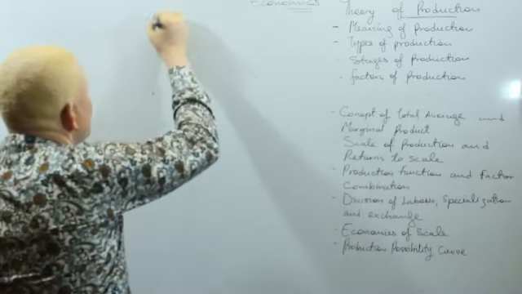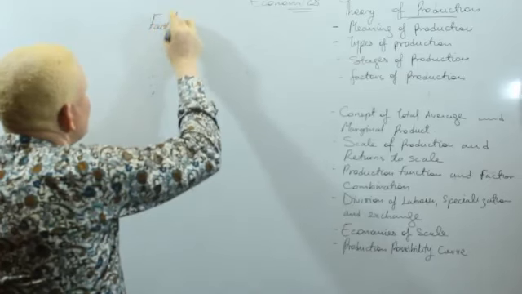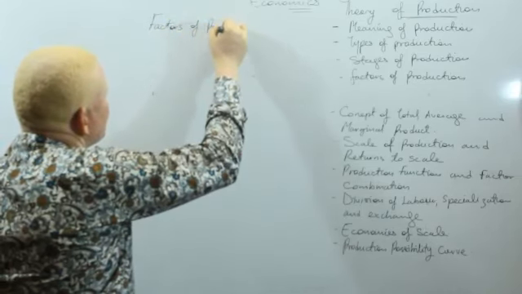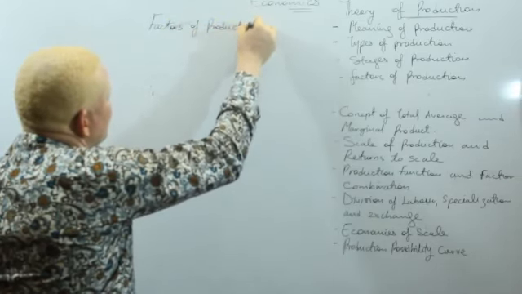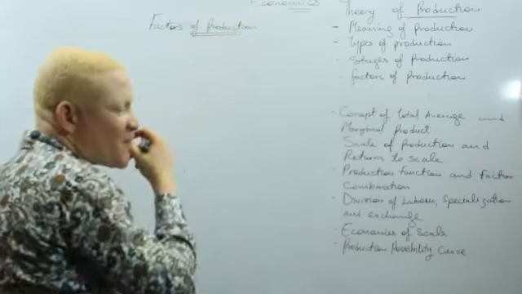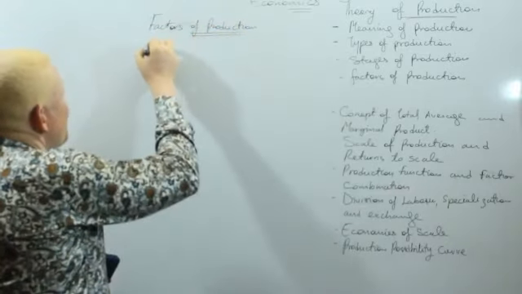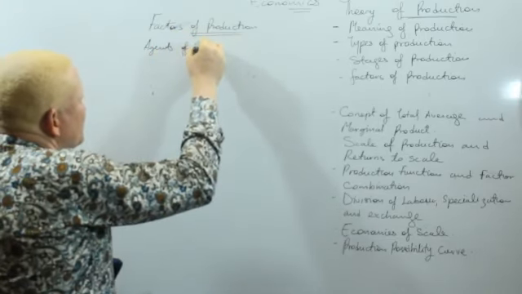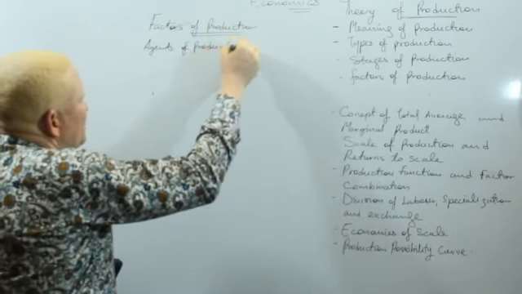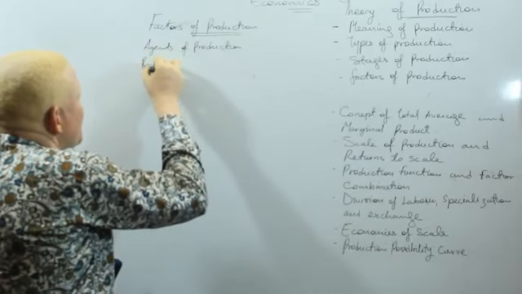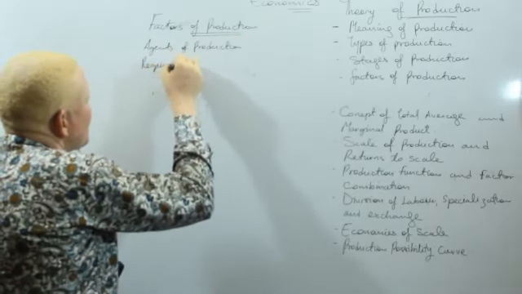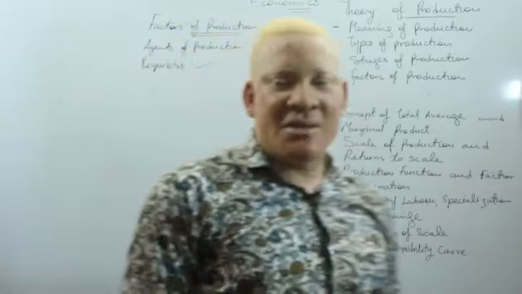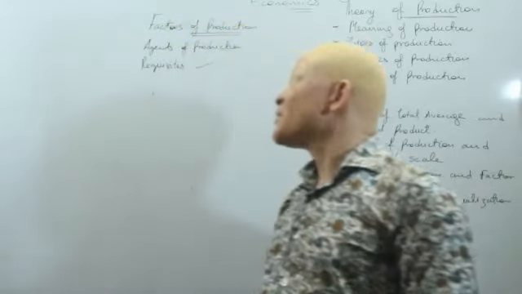Factors of production, also referred to as agents of production, or we can call them requisites of production. Either of these serve for factors of production.